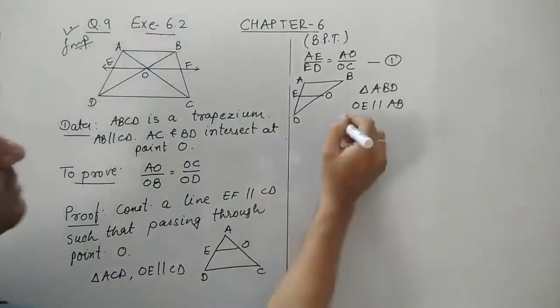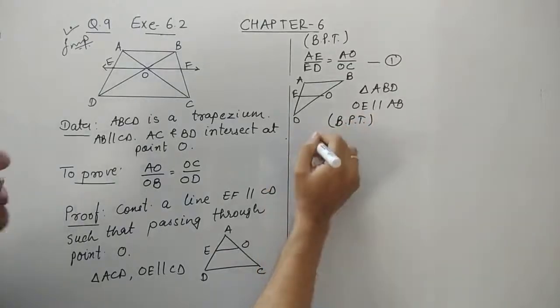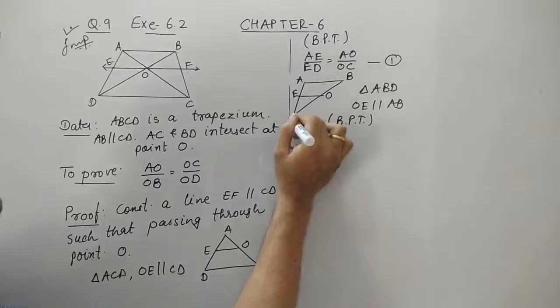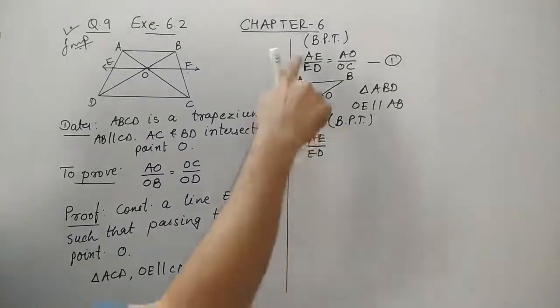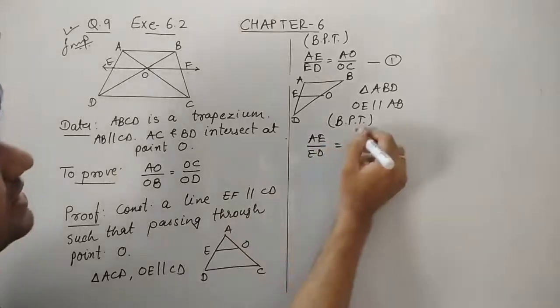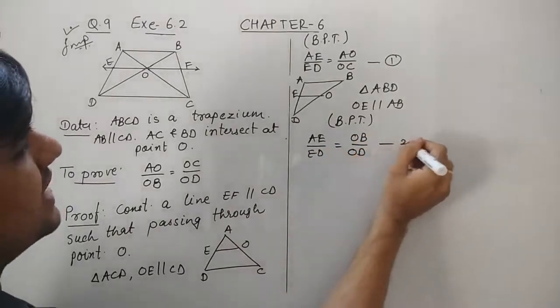So again, by using the basic proportionality theorem, we come to the conclusion that AE upon ED, this is point D. क्यों? Because I want the same ratio. जो मुझे नहीं चाहिए equation में prove करने के लिए, is same as OB upon OD. So this is the equation number 2.